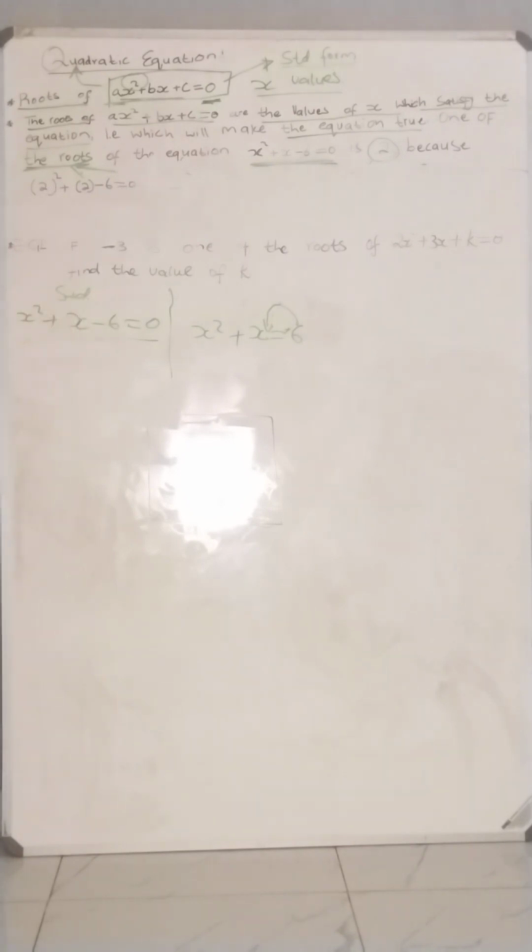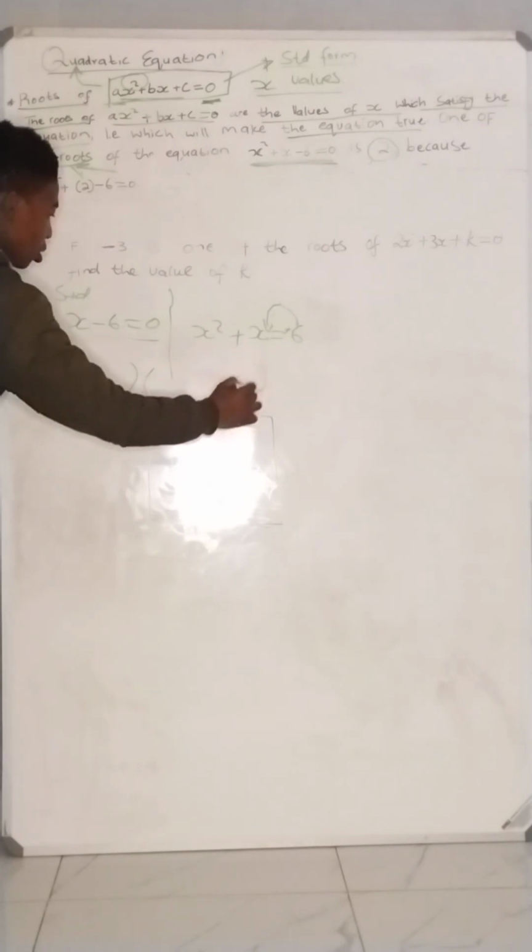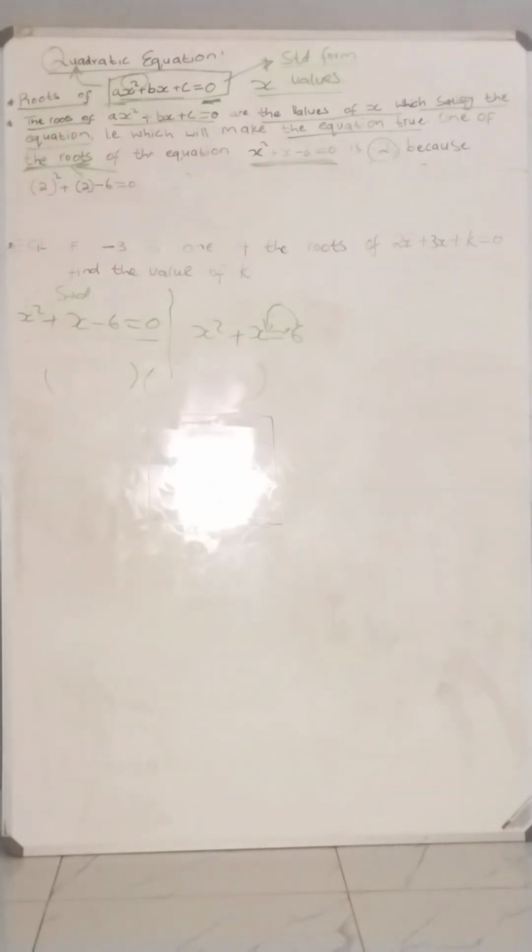That's the first thing. Because it's an equation of the second degree, you're going to make 2 brackets, and then you're going to factorize. Look for the factors of the first term, and look for the factors of the last term.